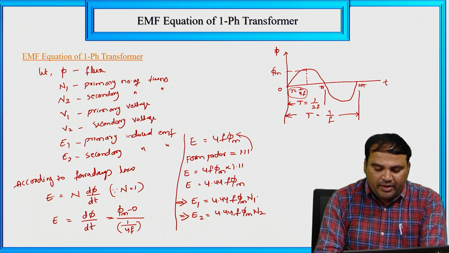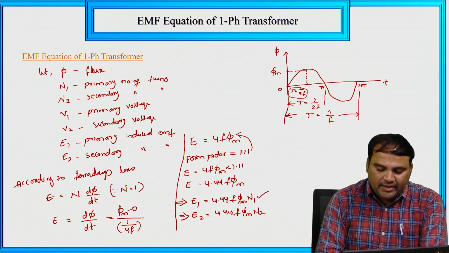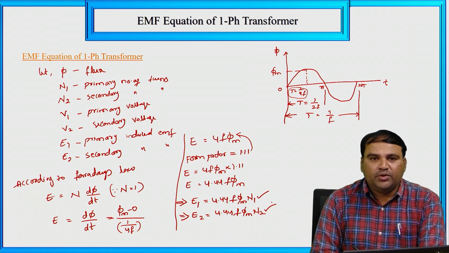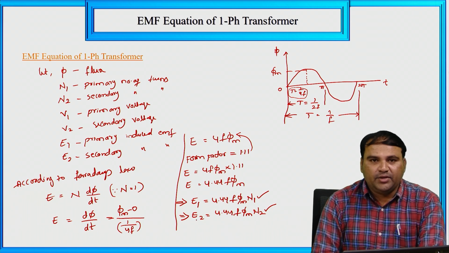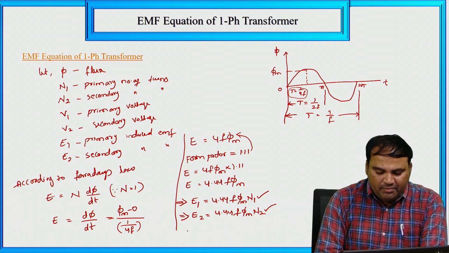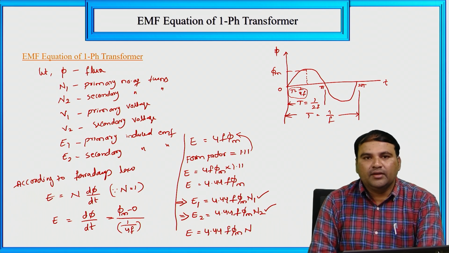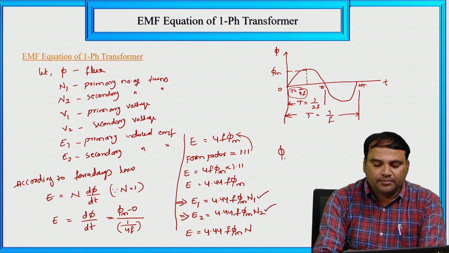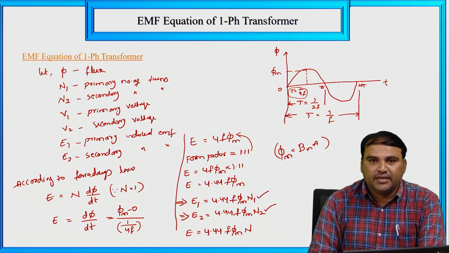So these are the E1 value and E2 value. Generally, the EMF equation is written as 4.44 f phi m N, where phi m is equal to B max A. Maximum flux is equal to maximum flux density into the area of the core. So phi m is equal to Bm A.